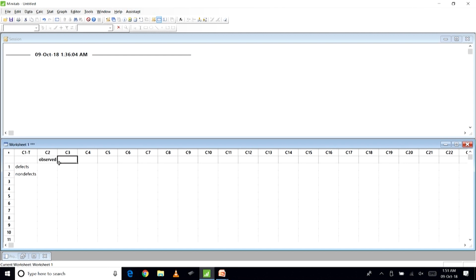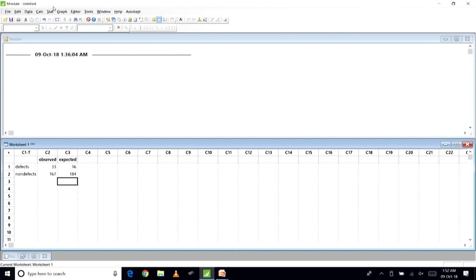These are the FO observed frequencies and FE expected frequencies. 33 and 167, so the total has to be 200. Expected 16 and 184.